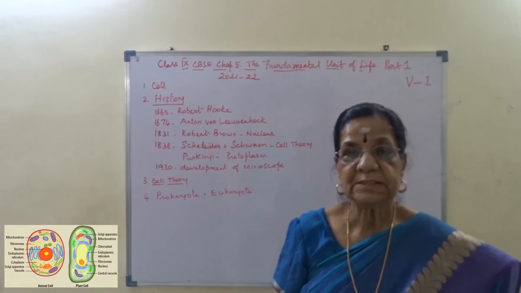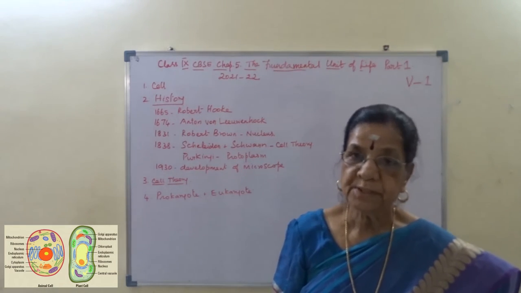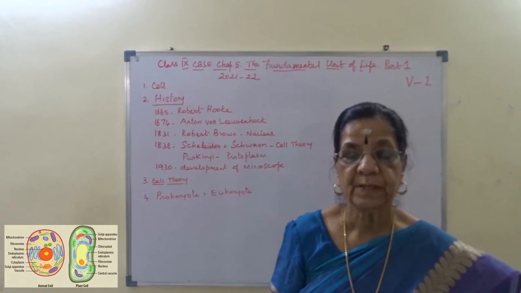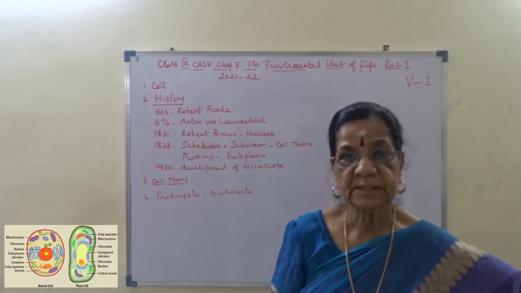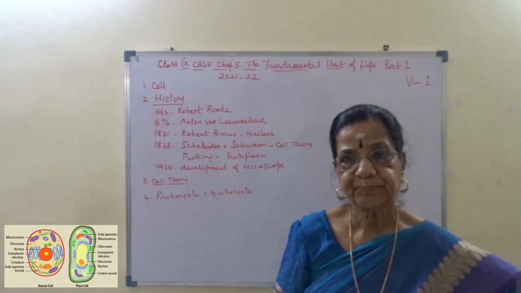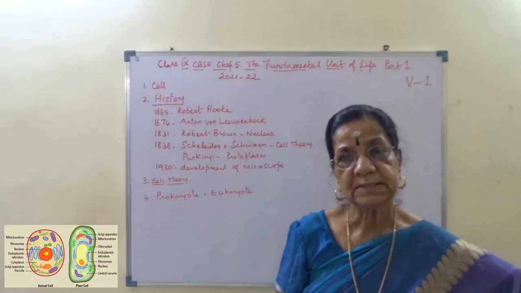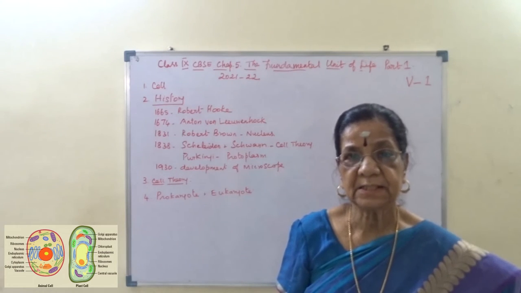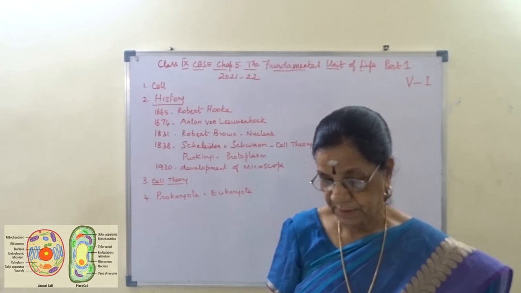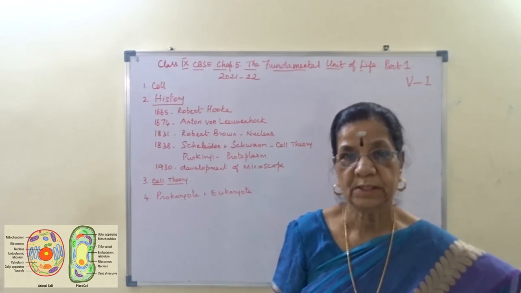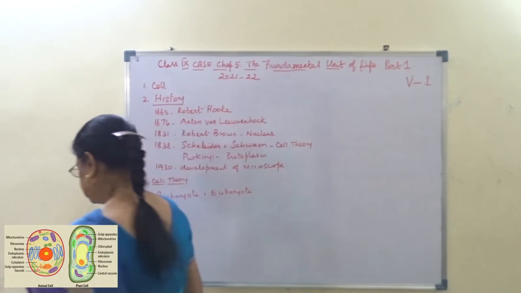New cells are produced from pre-existing cells. So what is the cell theory? All living things are made up of a unit called cell. It is the structural and functional unit, and new cells are produced from the pre-existing ones. I hope you understand this.